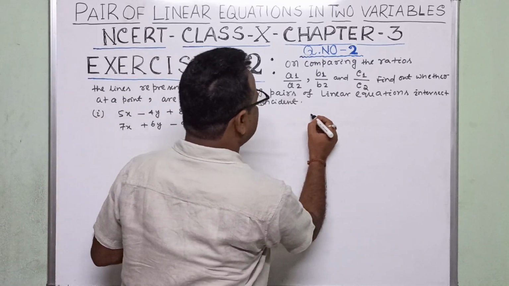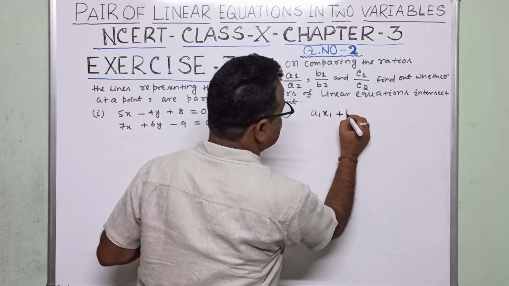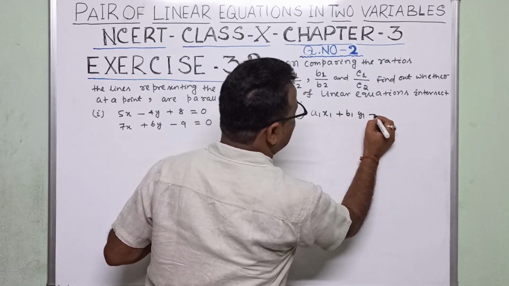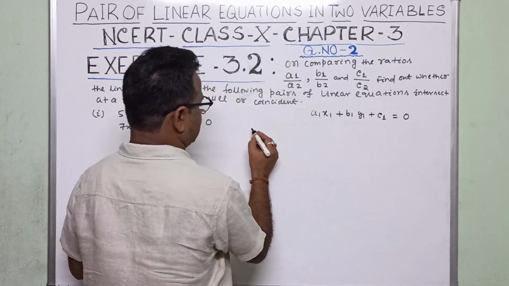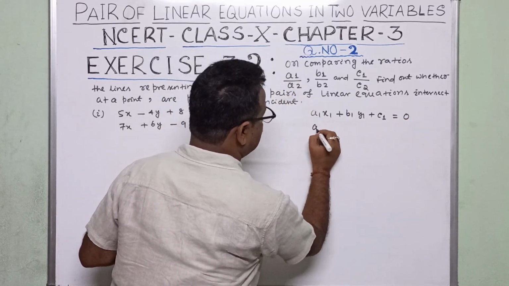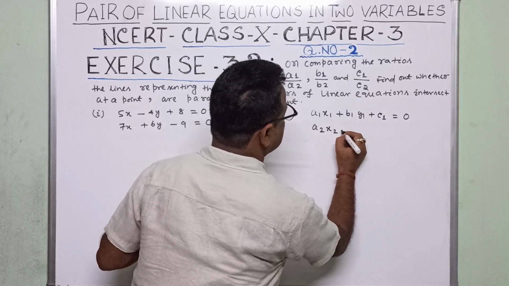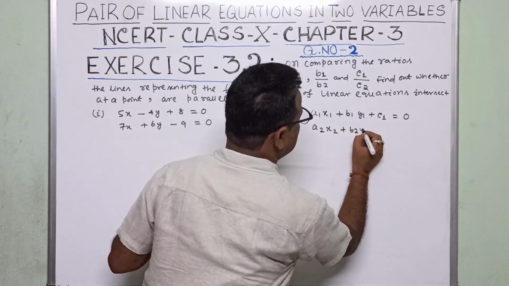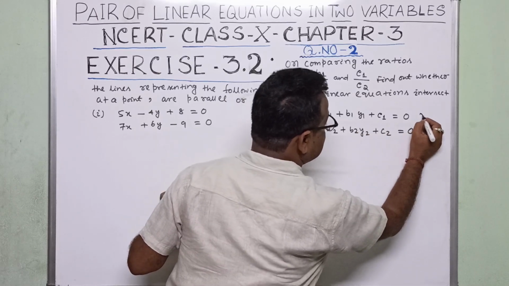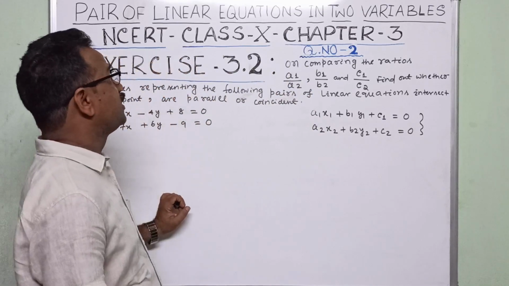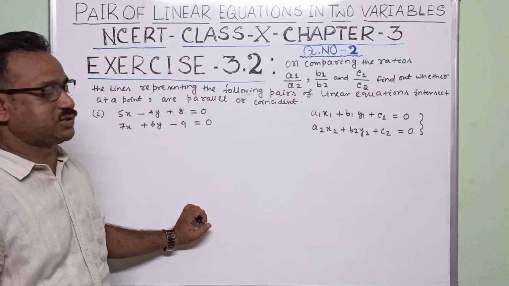Recall it. Again, I am also writing the general form and the conditions. We know A1 x plus B1 y plus C1 is equal to 0, one equation. Now A2 x plus B2 y plus C2 is equal to 0. These are a pair of linear equations in two variables.